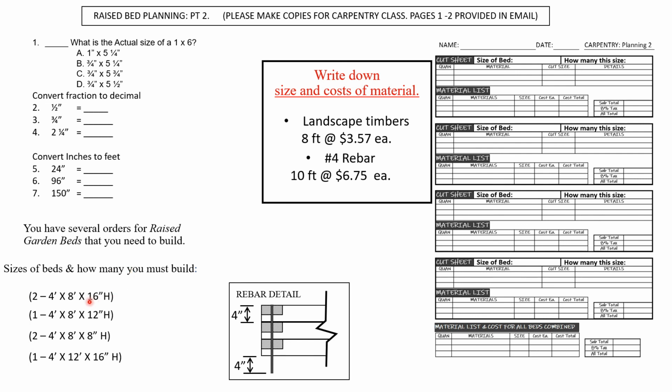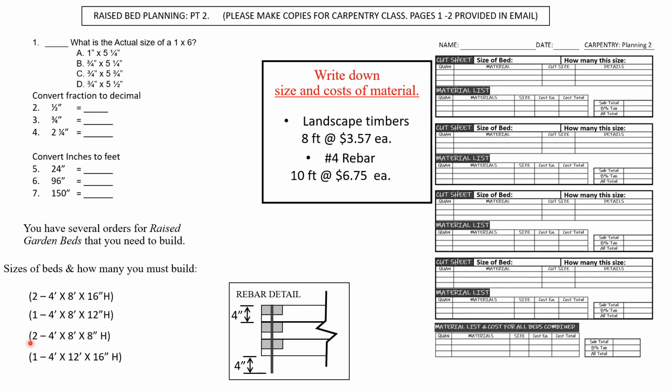So you would take this size and put it right up here. Size of the bed. You would do that for each one. The second size, put it here. Third size, and so forth. One material list, one cut sheet for each size.